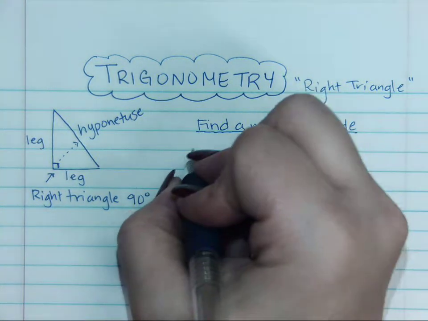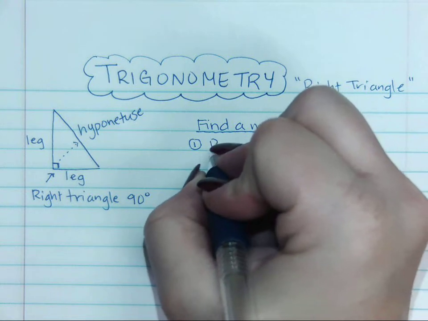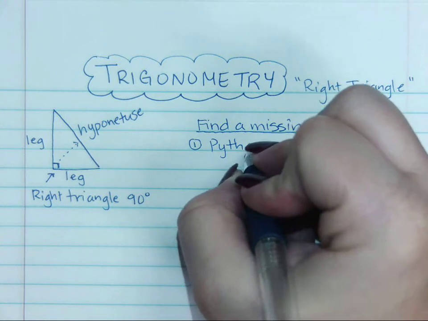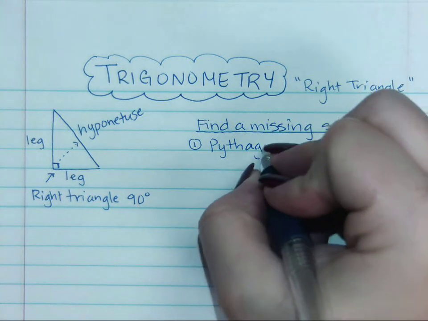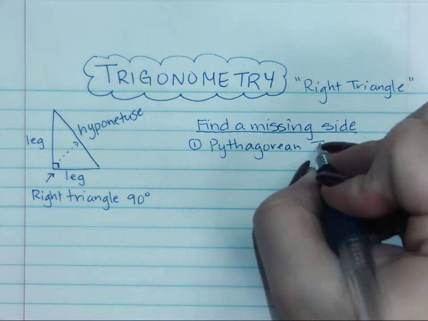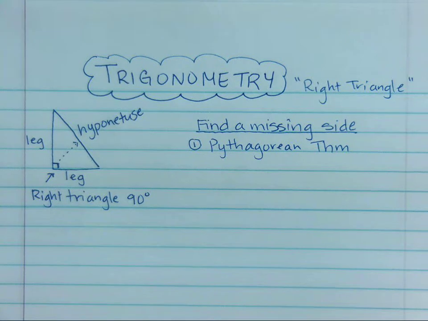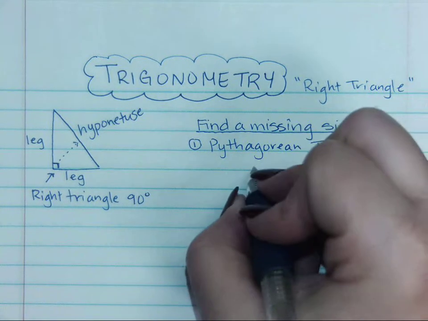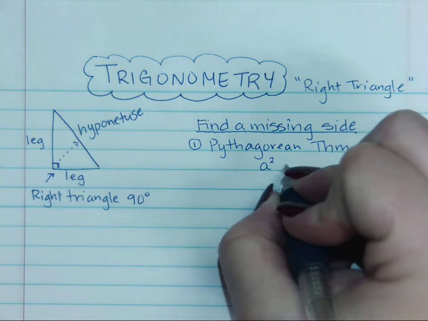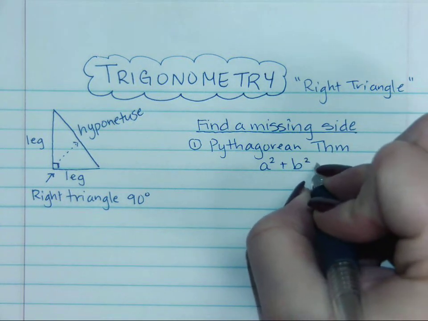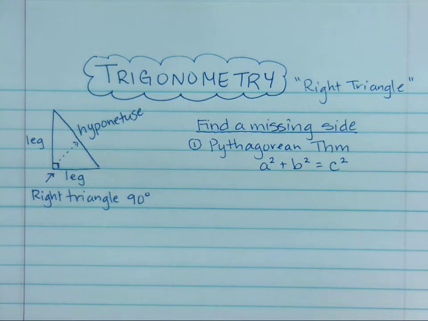The first option is that it is possible that we might be able to use the Pythagorean theorem. Now the Pythagorean theorem, you must have two sides, and you're going to use that to find the other side. And so that theorem is a squared plus b squared equals c squared, where the a and the b are the legs.